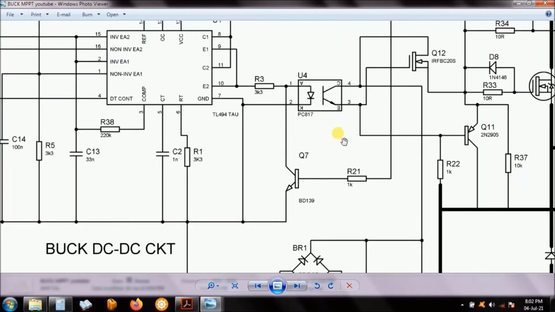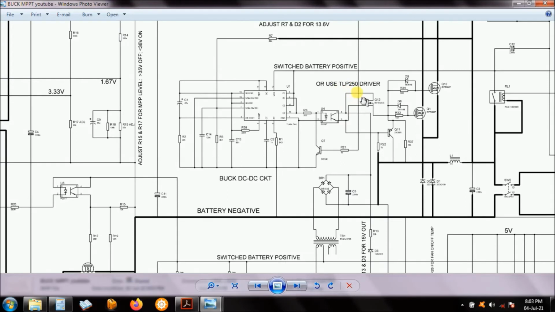Right, on the driver, you can use any driver that you wish. Usually the TOP250 will do, but you can also use the IR2110 series or the HIP4081, which is now obsolete. Well, it's not anymore, or any other driver, but you should use a driver that drives the MOSFET properly.